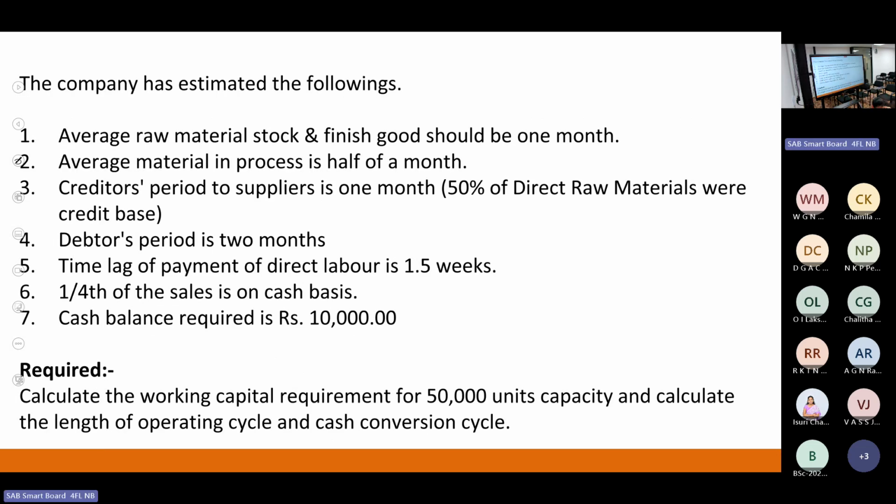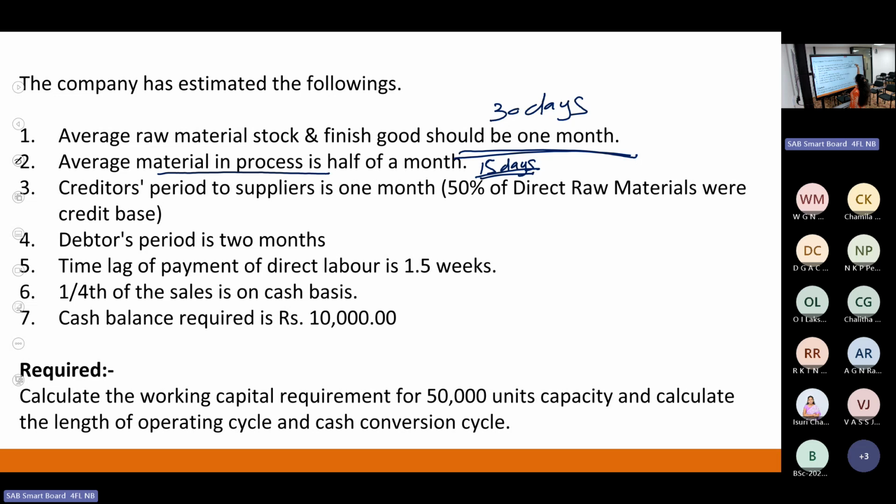But then the company has estimated the following, right? Average raw material stock, and finished goods should be 1 month, that means 30 days. Now the days were given to us, right? Raw material process is half a month, that means 15 days.